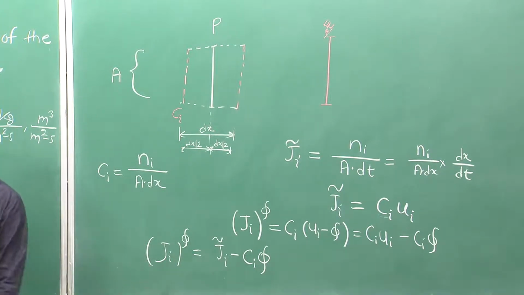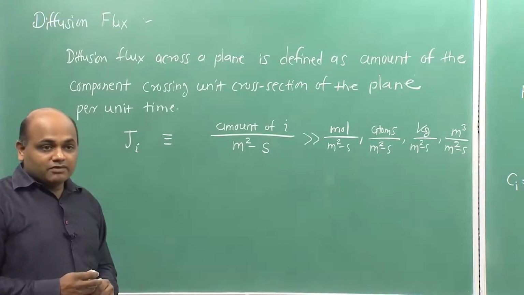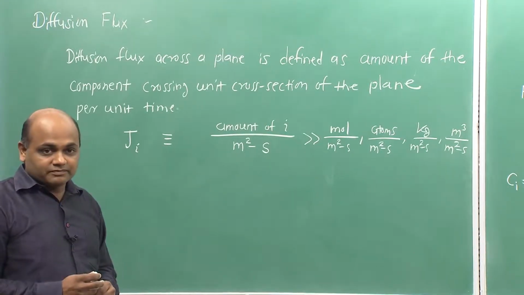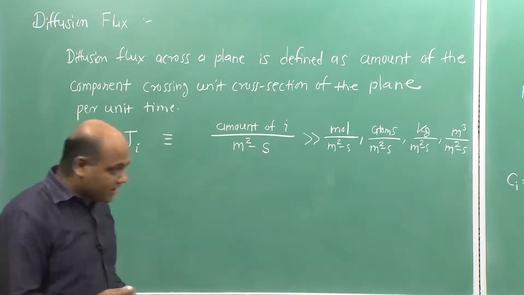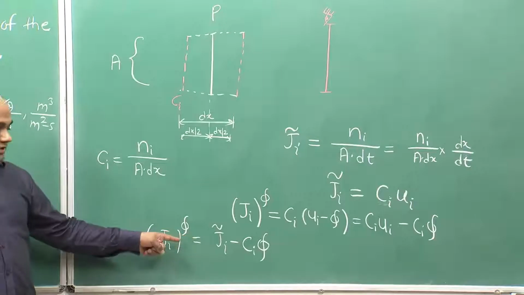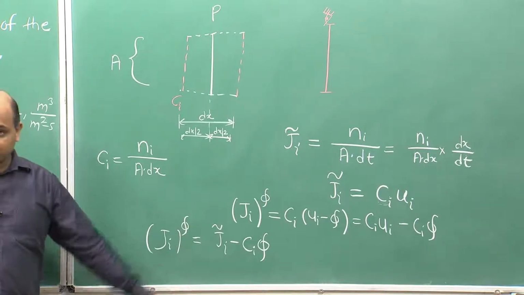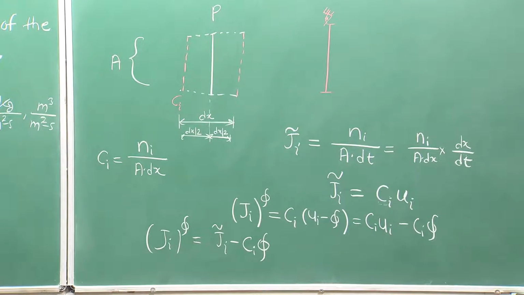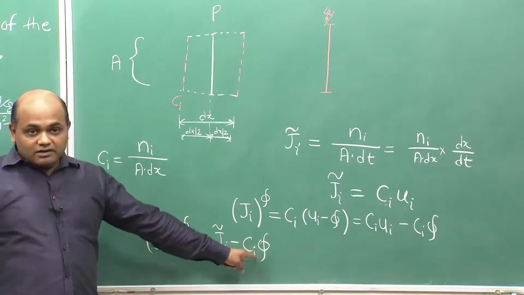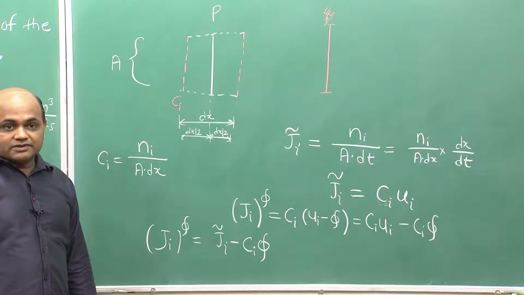So, this shows us that the value of flux will depend upon the frame of reference that we are choosing, and the fluxes from one frame of reference can be converted into fluxes in another frame of reference if we know the velocity of the frame of reference.